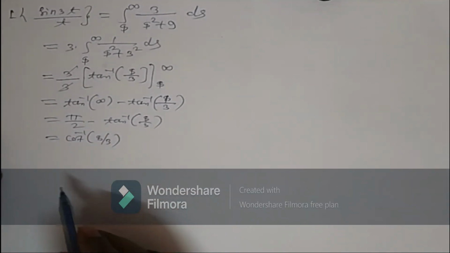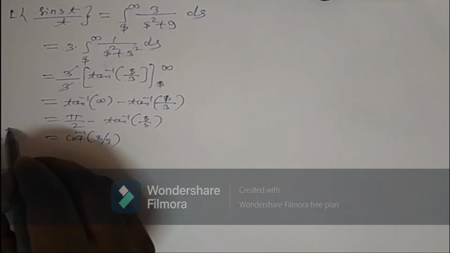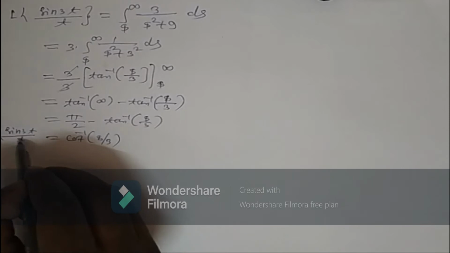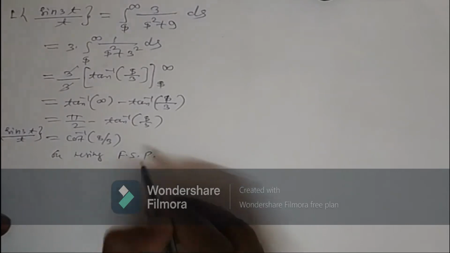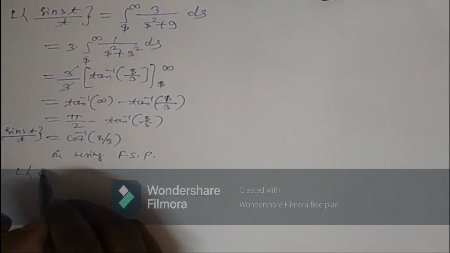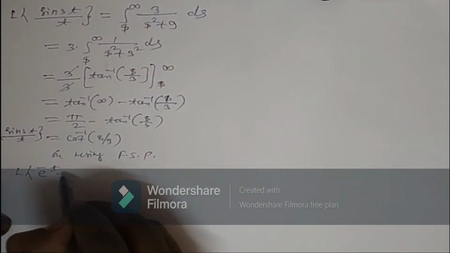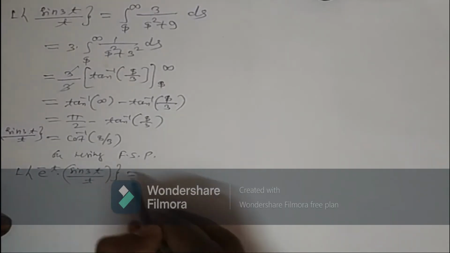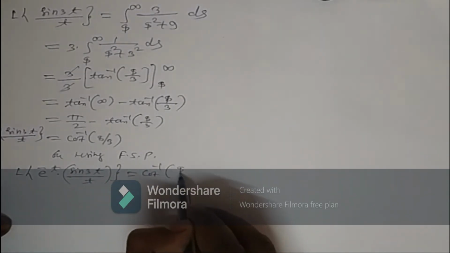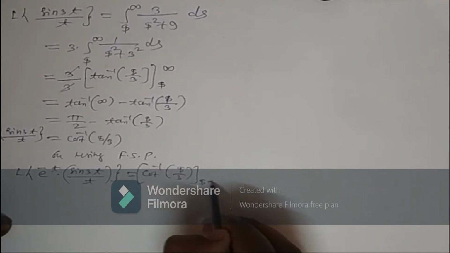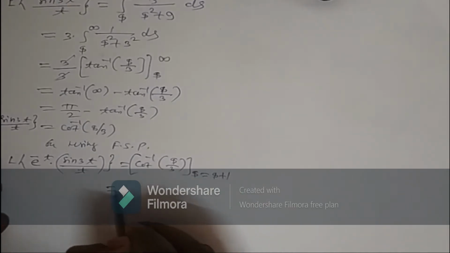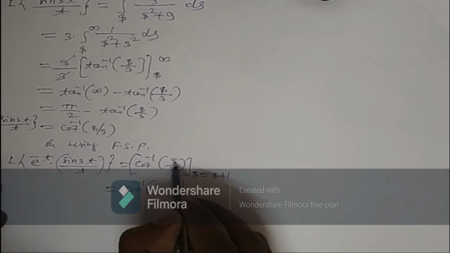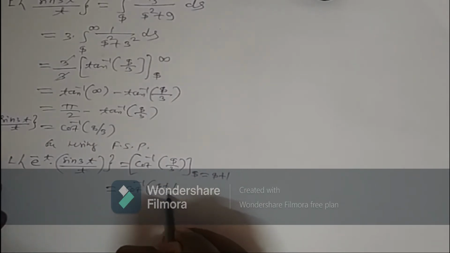So this is now actually the Laplace transform of sin 3t divided by t. Now by using the first shifting property, the Laplace transform of e raised to minus t into sin 3t upon t, what do we get? Cot inverse of s by 3 at s equal to s plus 1. So if you put this value here, what do we get? Cot inverse of, in place of s we have to write s plus 1, so s plus 1 upon 3.